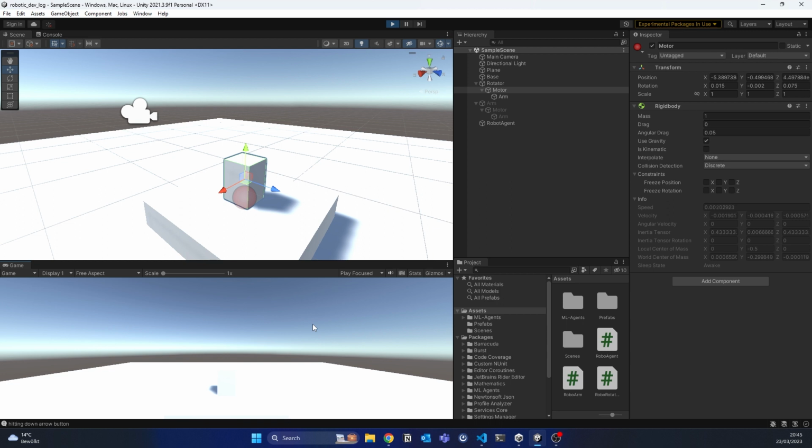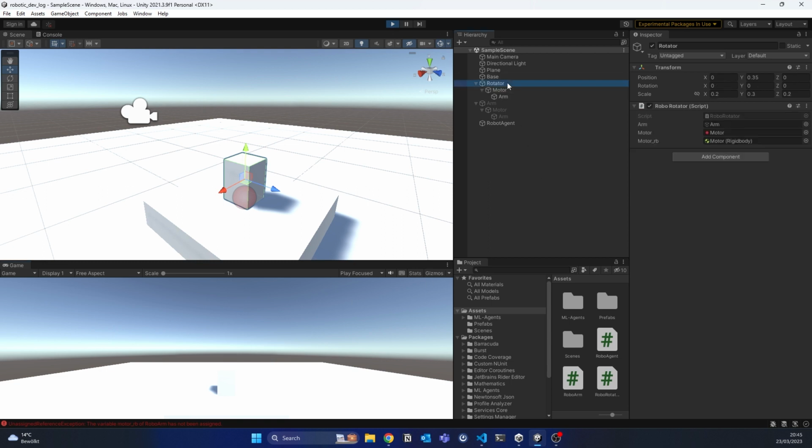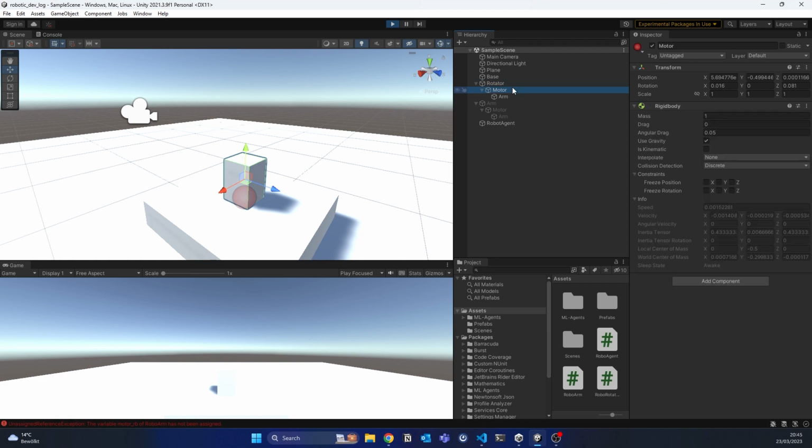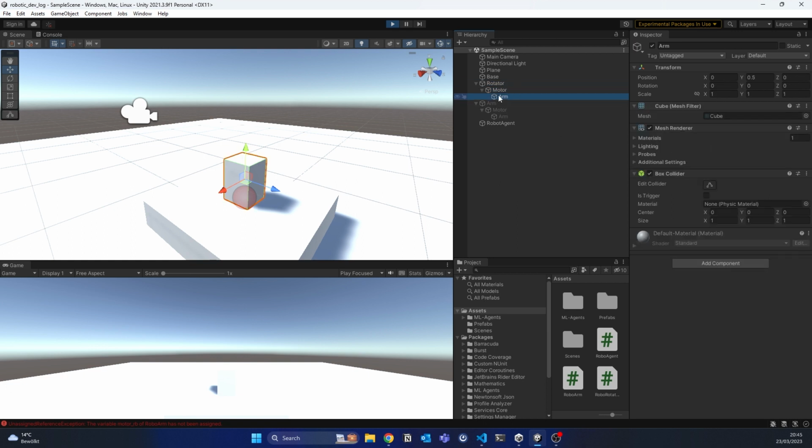Motor has some sort of a velocity, but okay, this doesn't really work. All right, what is the issue? Take actions. So motor, this is the up direction.